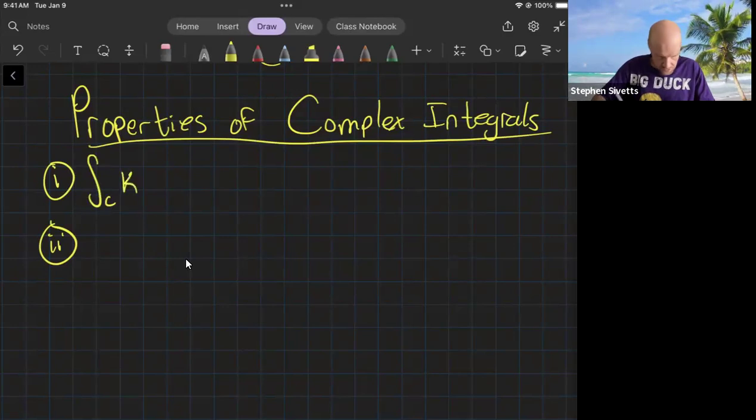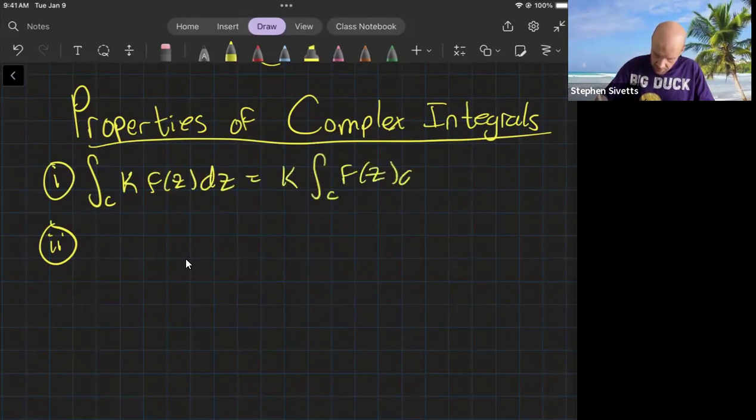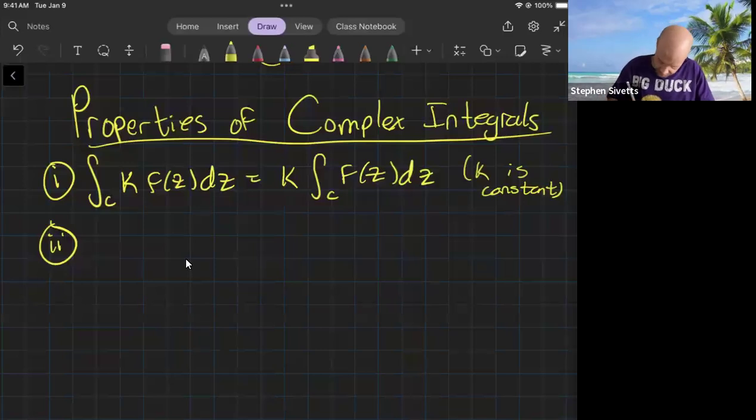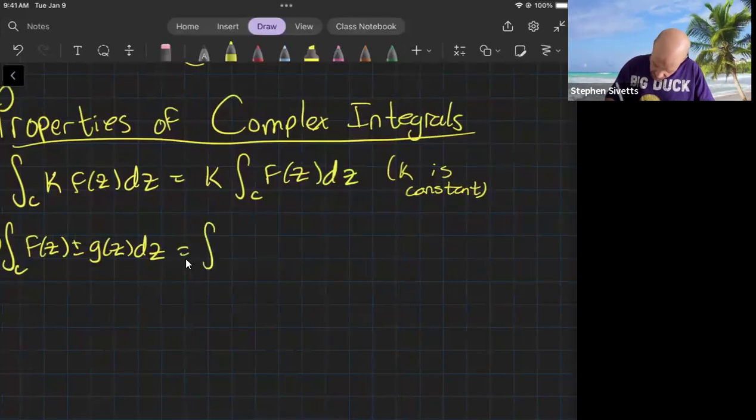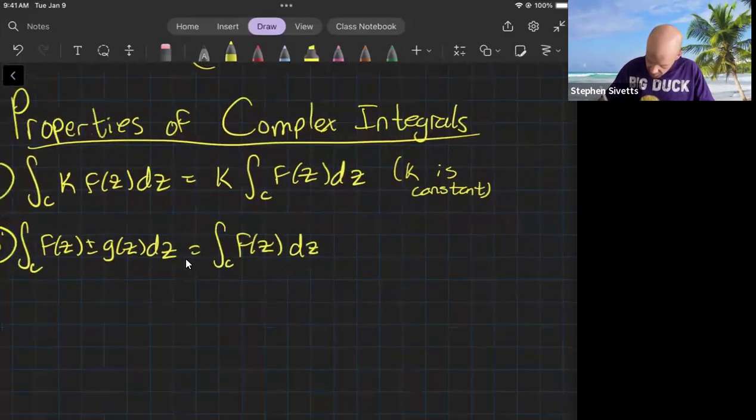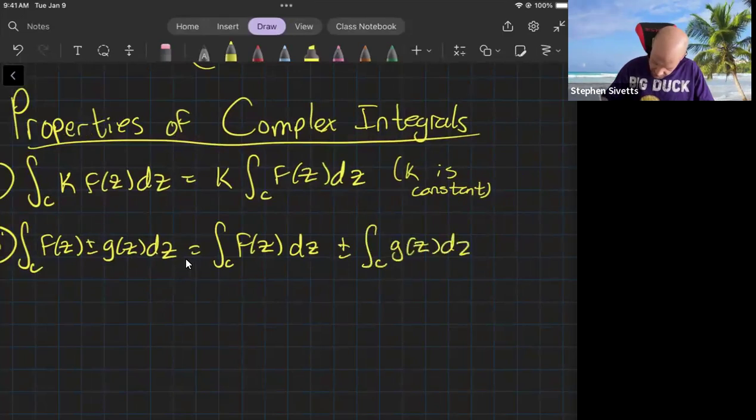The line integral of a constant times f of z dz is equal to k times the line integral of the function f, where k is a constant. Second, the line integral of a sum or a difference of two complex functions equals the sum or the difference of the line integrals of the complex functions, f of z dz and g of z dz.